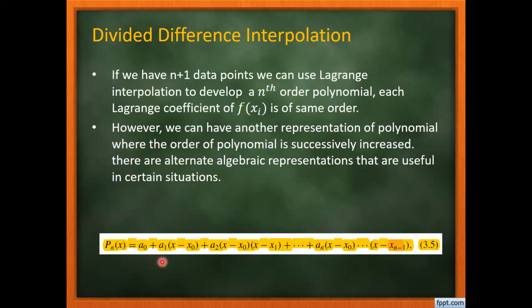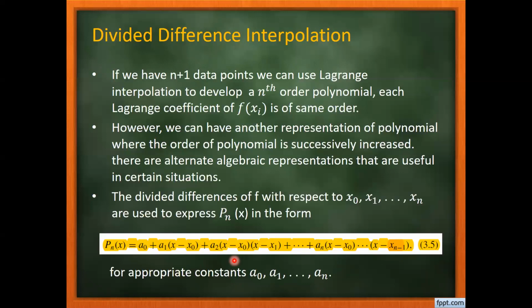So this means that we gradually raise the order of the polynomial from 0 to n. Now, as we have written the polynomial as shown in equation 3.5, we actually represent the polynomial in a different algebraic form. So divided difference interpolation is another way to represent the polynomial.